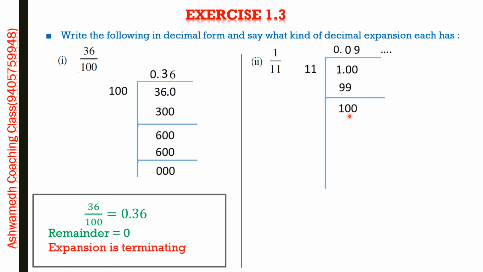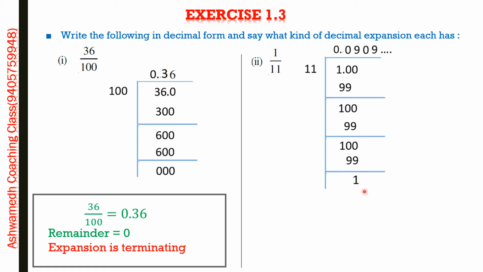Take 0 again, we cannot divide 10 by 11, so take another 0 and again we get 100. 9 into 11 is 99, 100 minus 99 is 1. Again we get 100. In this way the division goes on, and every time the remainder is 1.